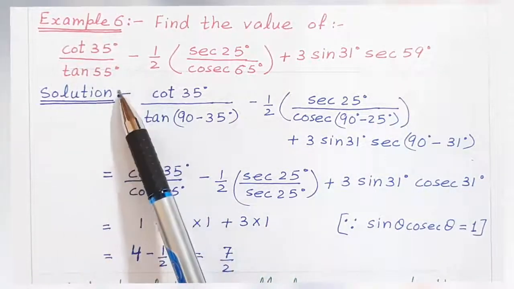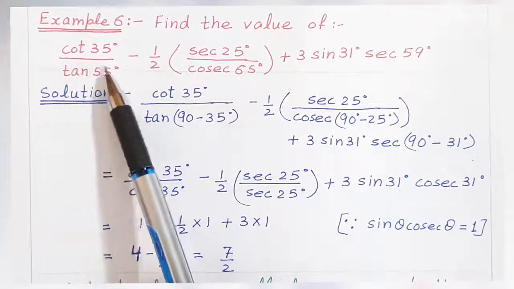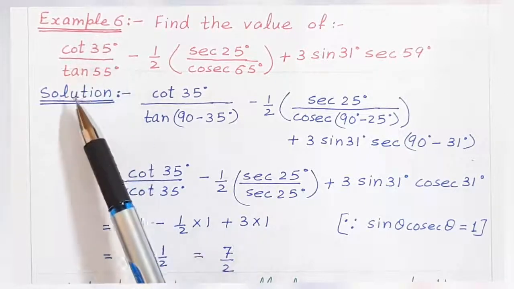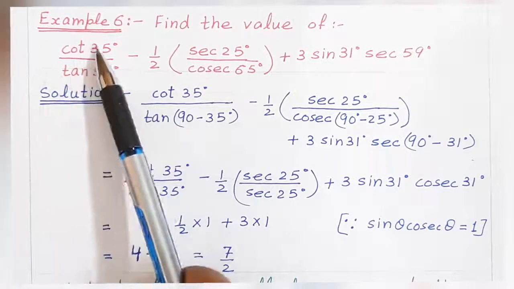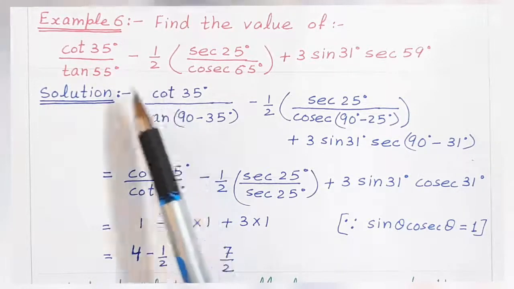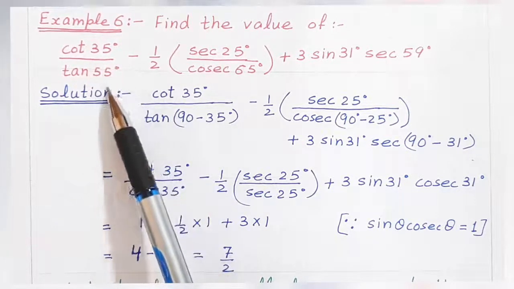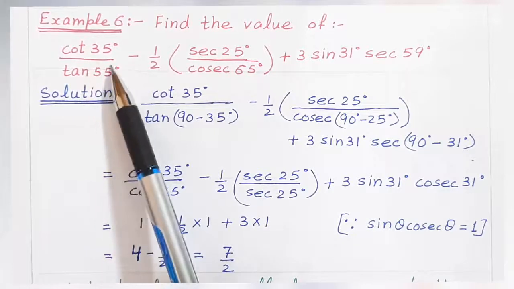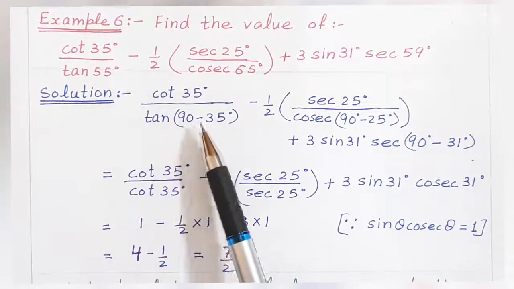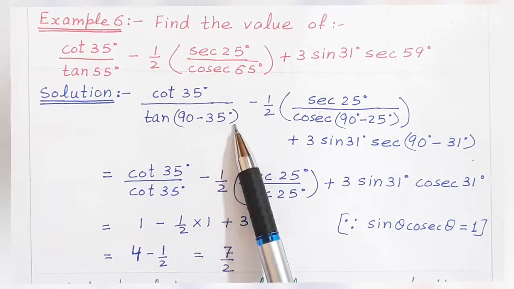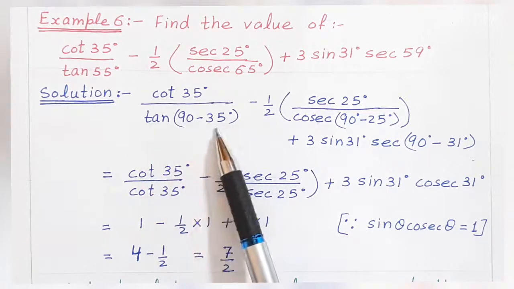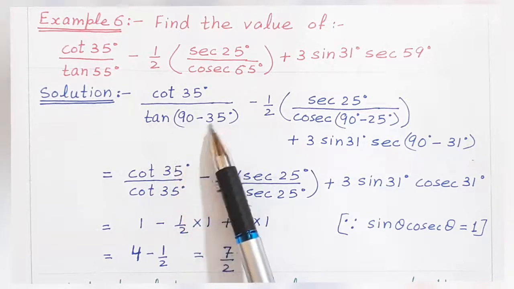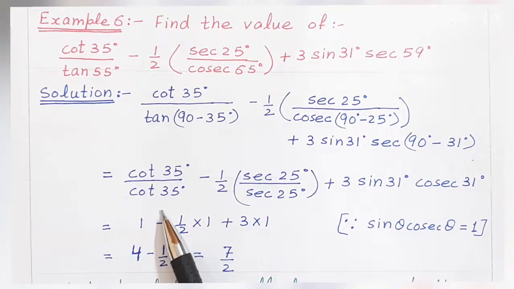Now see the first part. Let's change either one. So here cot 35 degree as it is. Now tangent 55. Now what is 55 here? 55 is 90 minus 35 degree. Clear? So tangent 90 minus theta is cot theta. So it is cot 35 degree.